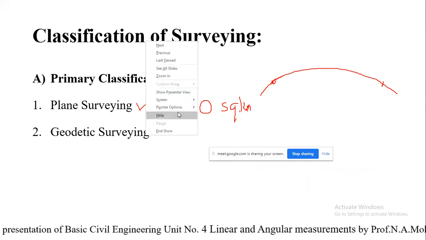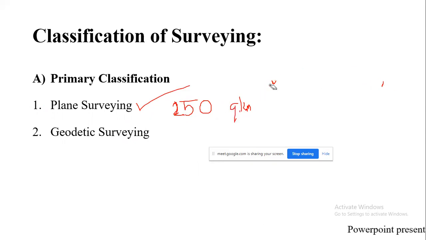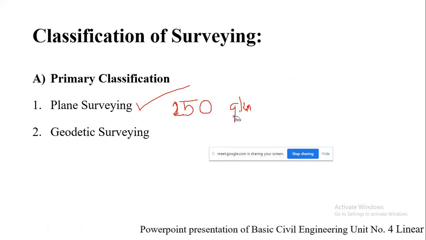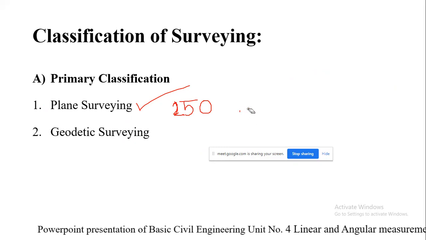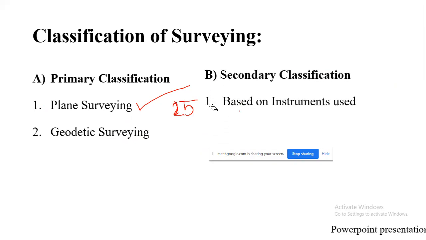Next is the secondary classification, in which surveying depends on instruments.